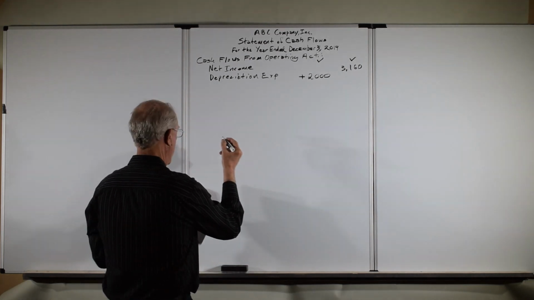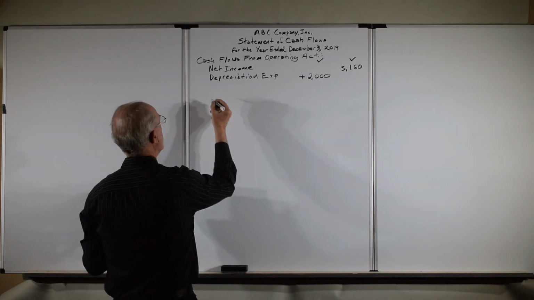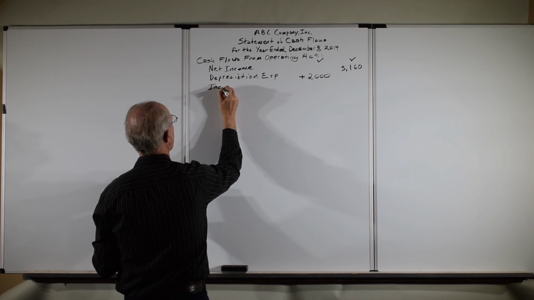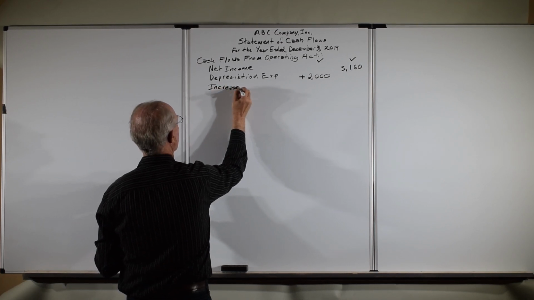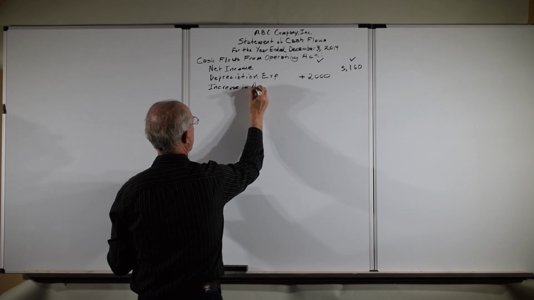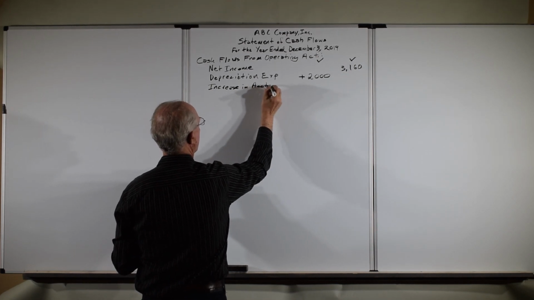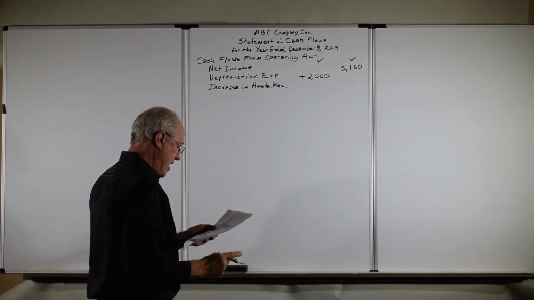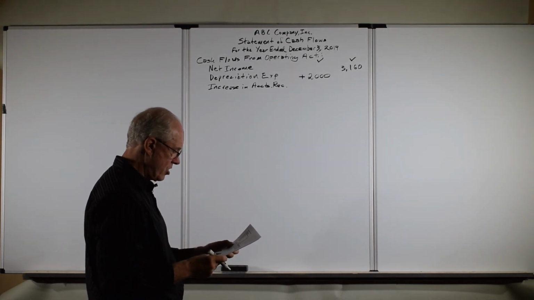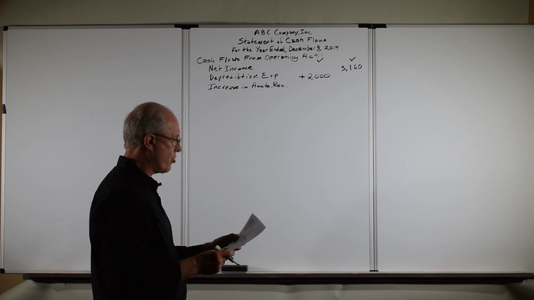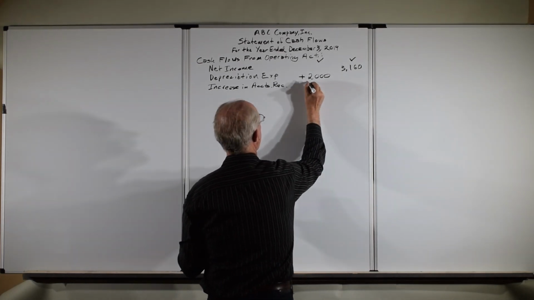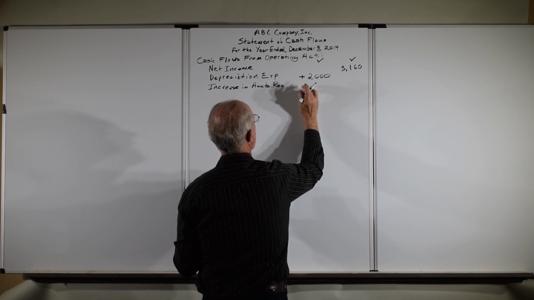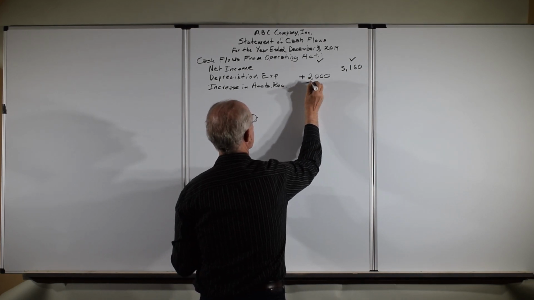So what I'm going to put here is an increase in accounts receivable, abbreviating. And the amount is $3,000.